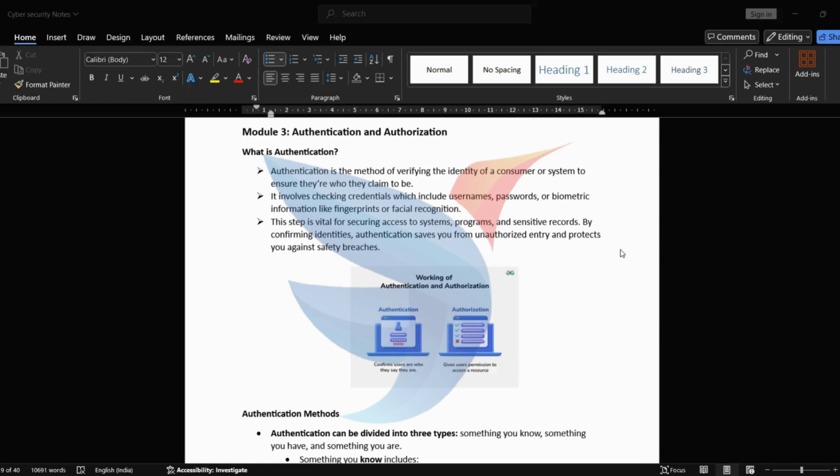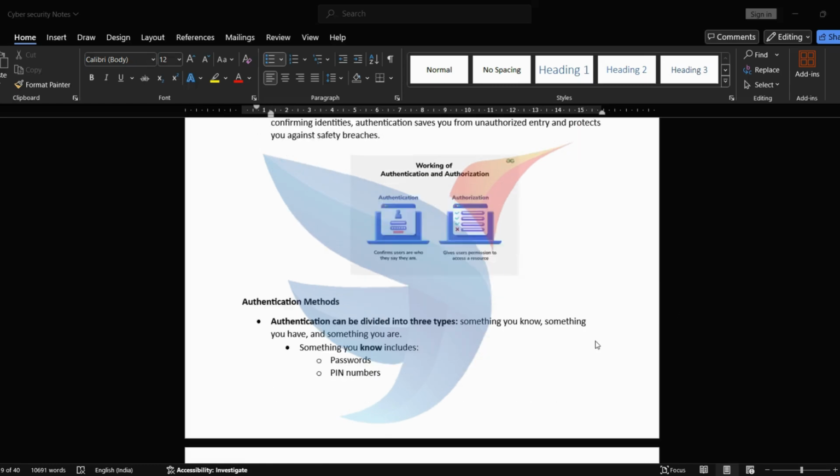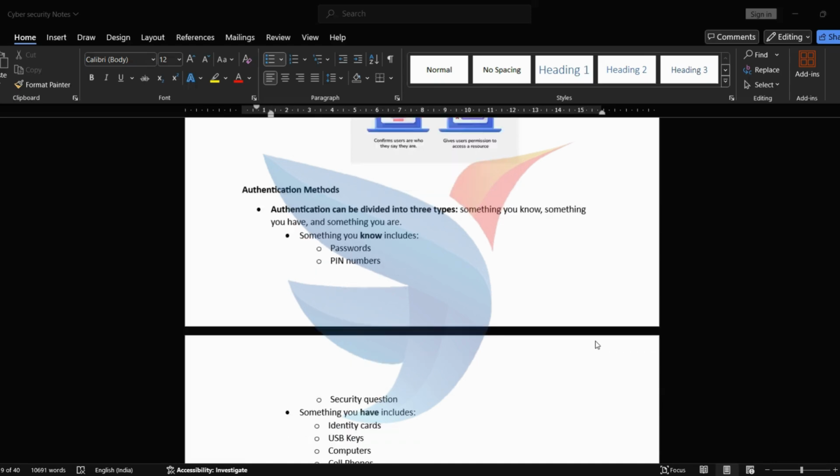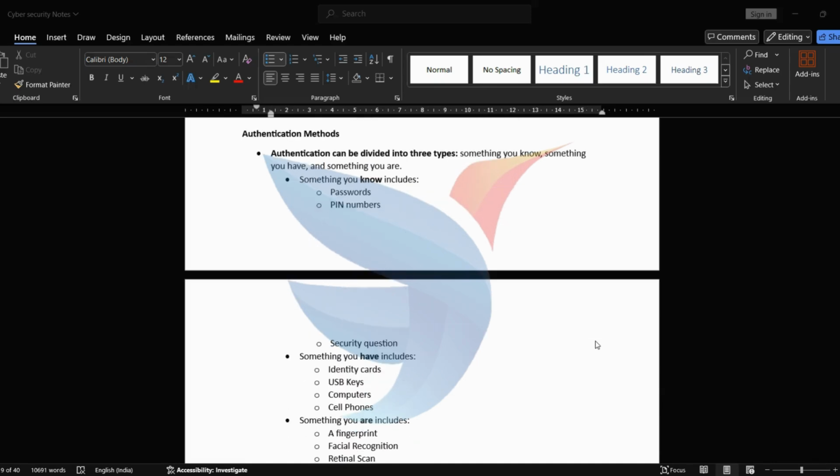So let's see the different types of authentication methods. Authentication methods can be divided into three types: something you know, something you have, and something you are. Something you know includes the password, the PIN numbers, and security questions.